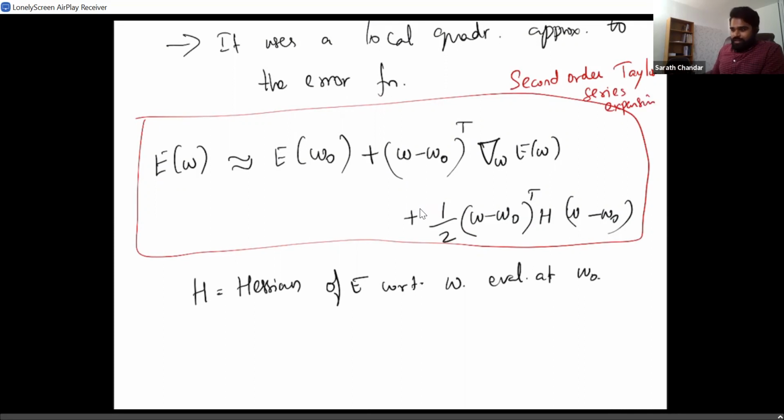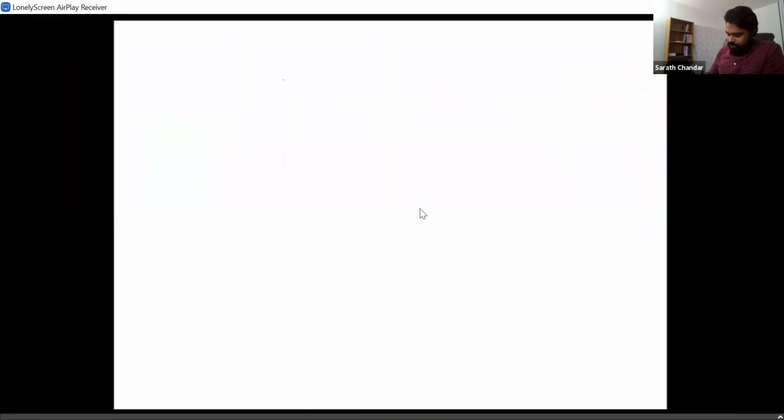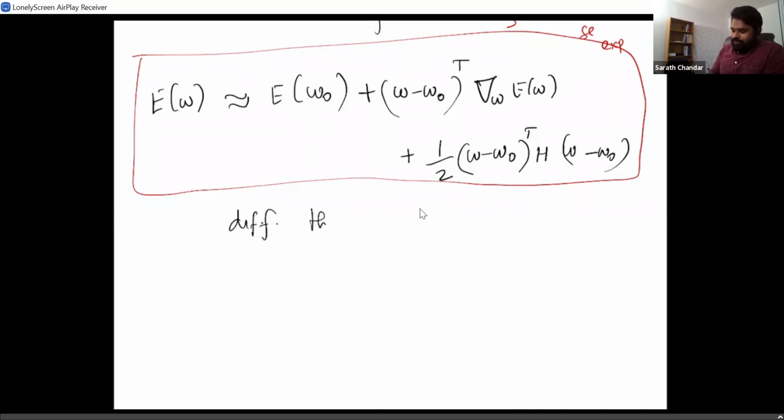Now let's copy and paste this error function, differentiate it with respect to W and see what happens. This is the second order Taylor approximation, and we are going to differentiate this function and set it to 0.